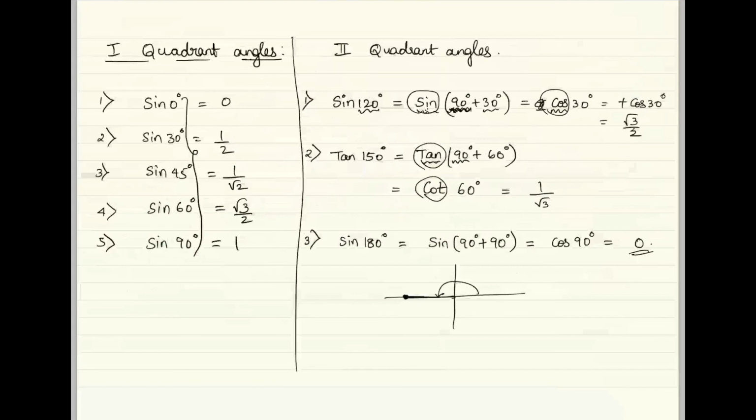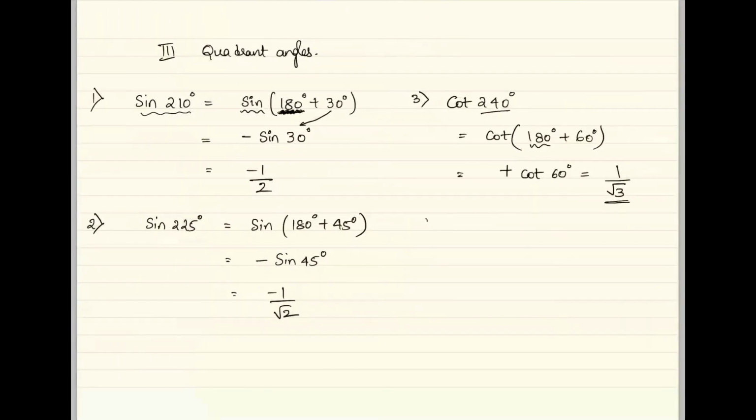Any question asked in this regard, for example, find the value of sine 120 degree into cos 240 degree plus sine 225 degree into tan 330 degree. Any question where each and every angle is reducible to the standard angles, you should be immediately able to find it out. Let's solve this example and we will stop this lecture.